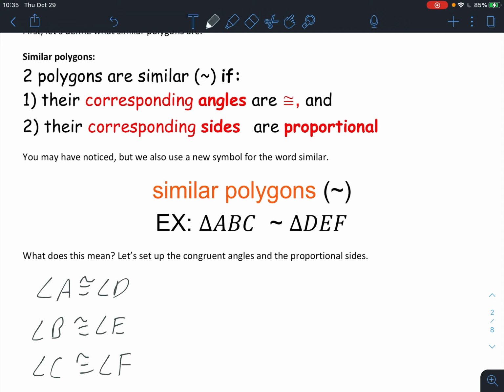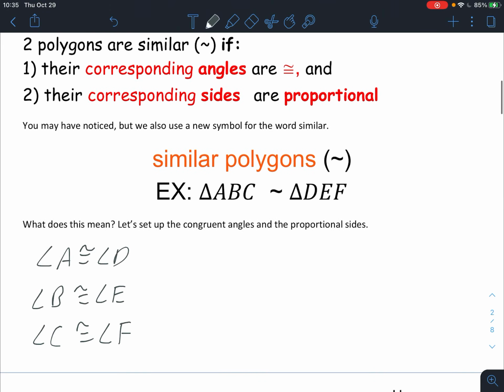The angles are still congruent, but in similar polygons, the sides are not congruent. They are proportional. We can write a proportion to look at the different side lengths. So what does that mean? The ratio side AB over side DE, why did I choose AB and DE?